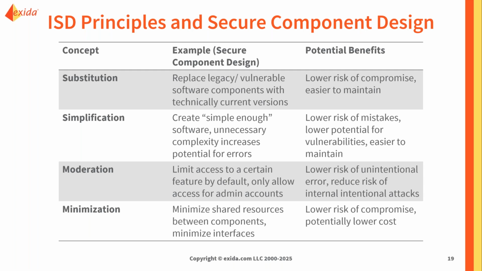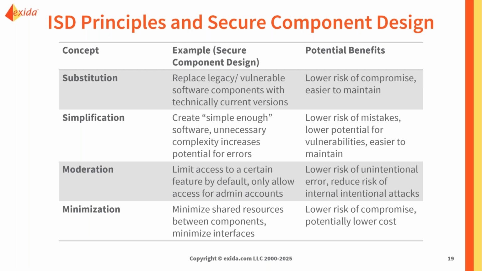For simplification, creating simple enough software and further reducing complexity can help us limit the potential for errors and limit the amount of code that can be exploited, which helps lower the attack surface for the component.